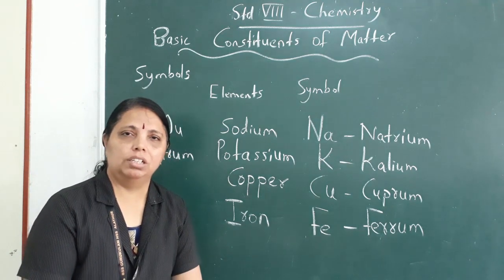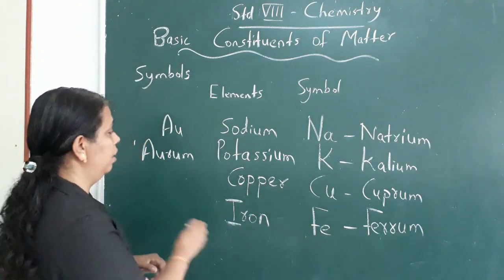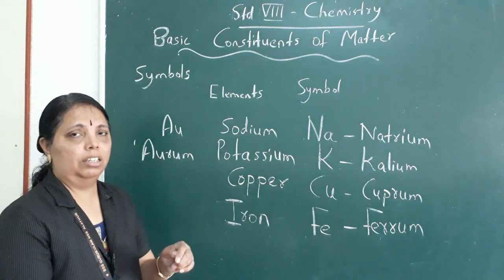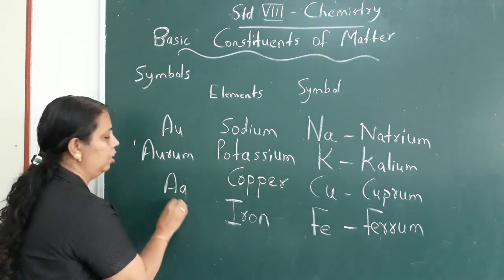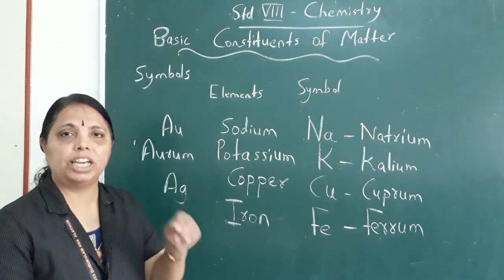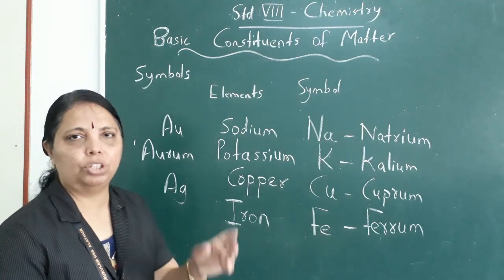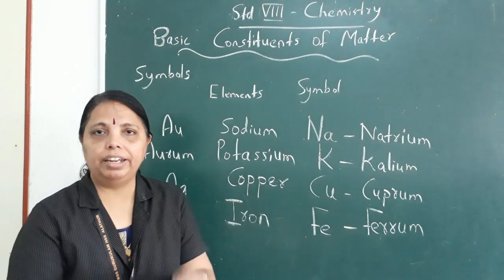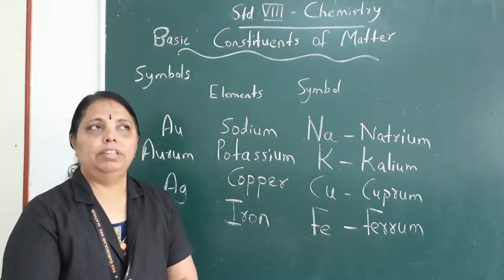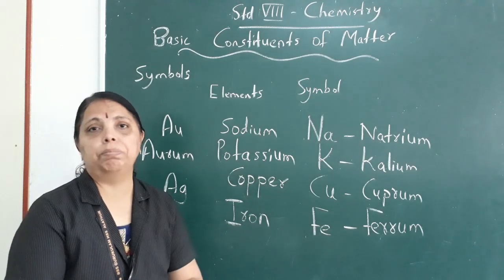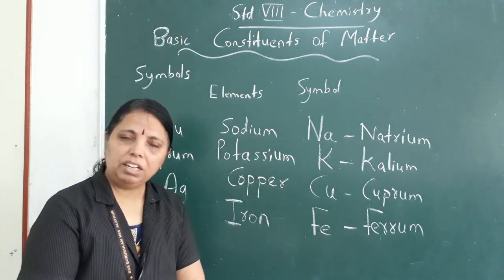Understood? What about silver, S-I-L-V-E-R? The symbol is entirely different. It is Ag for silver, from argentum. So don't worry, I'll teach you all that. Zinc, Zn. Okay? Then lead, from plumbum. Many other things.